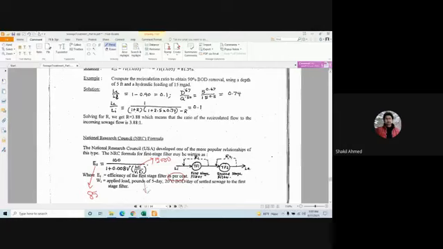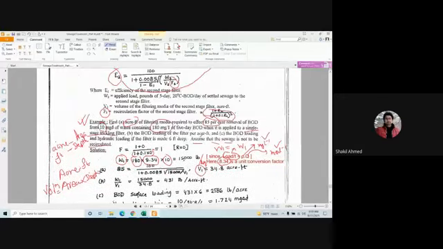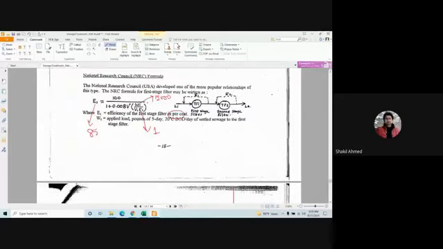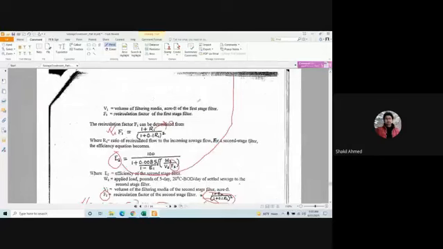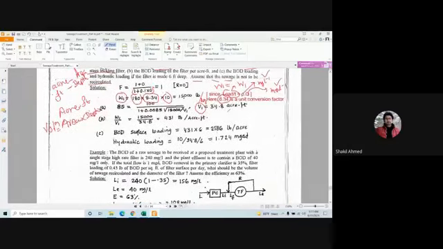And if you put F1 equals 1, then the only unknown is V1. So you calculate V1. That's what they have done here. Your V1 will be in what unit? It's given. It's acre feet.